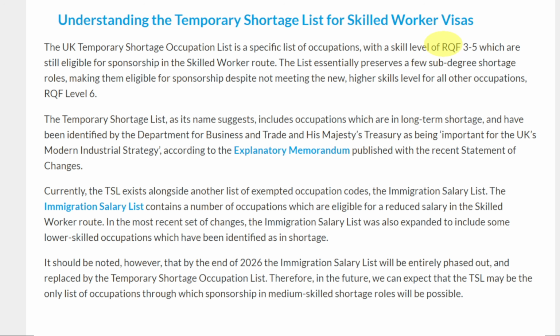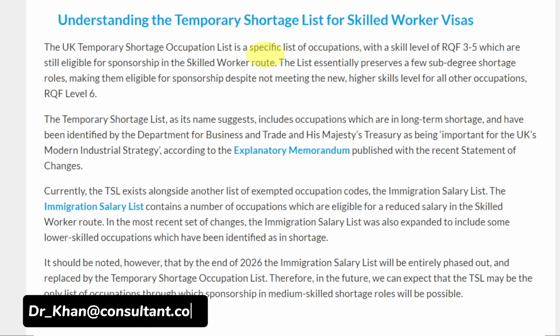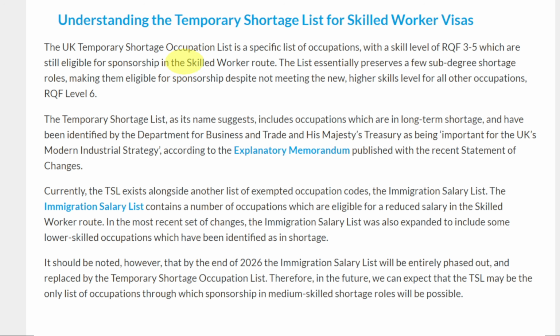Now let's go back to the definition. As per the definition, the UK temporary shortage list is a specific list of occupations with a skill level of RQF 3 to 5, which are still eligible for sponsorship in the skilled worker route. Many applicants think you are not allowed to come to the UK anymore and it's a stop, but there are still some occupations.